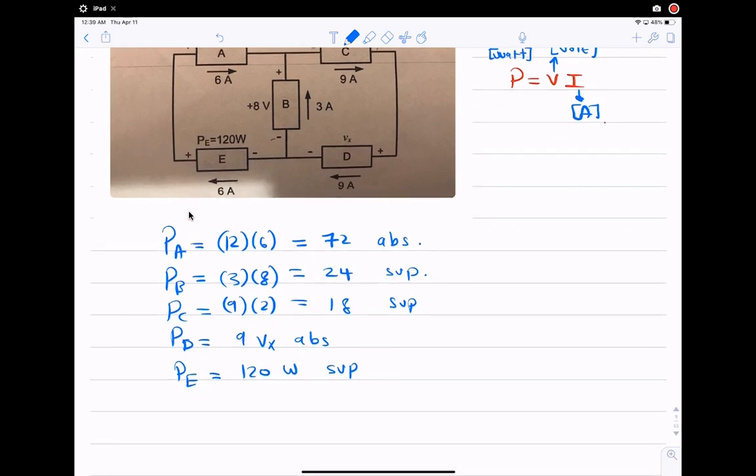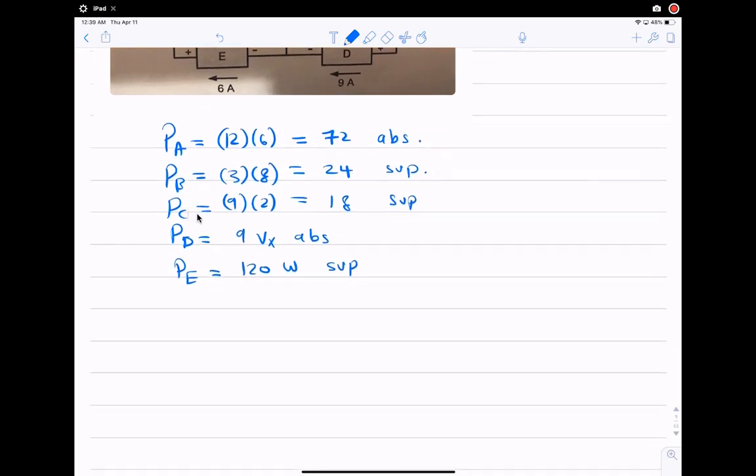Okay, now since we found the powers in all elements, right? I have to apply the power concept, the one that says the total power absorbed equals the total power supplied.